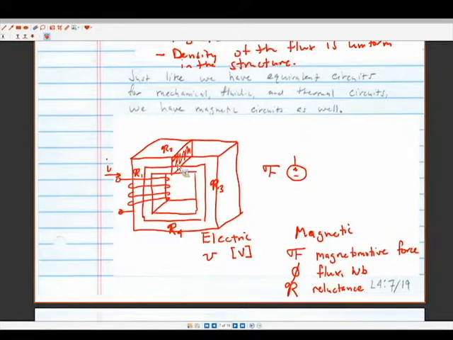We have a reluctance R1, which we're going to represent as a resistor element. That's our standard symbol for a resistor. That's R1.